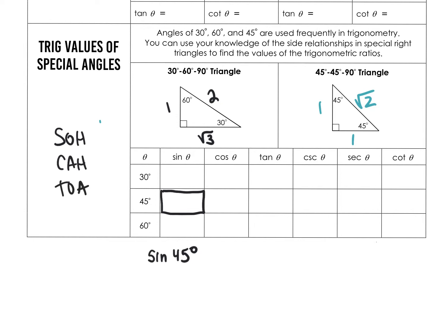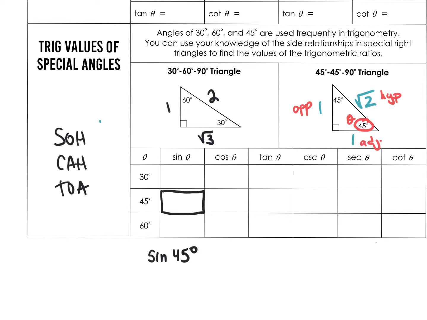So we want to know what's the ratio of the opposite side to the hypotenuse for a 45, 45, 90 triangle. There are two 45 degree angles, so I'm just going to pick one. This is my theta. So this side will be my hypotenuse, this will be my opposite, and this will be my adjacent. Just like we always have before, we'll label the sides, and then we'll just do our ratios.